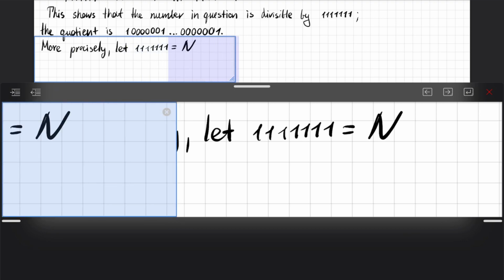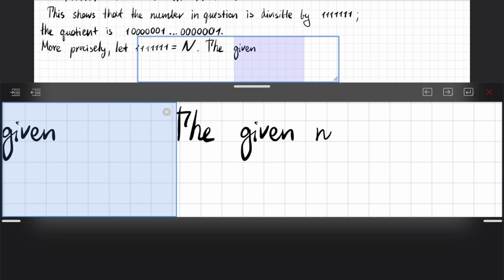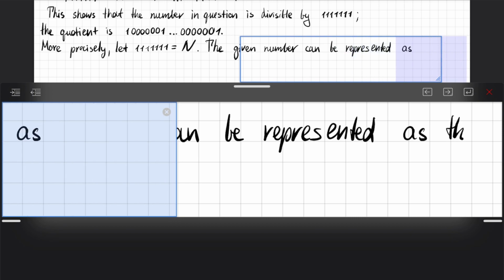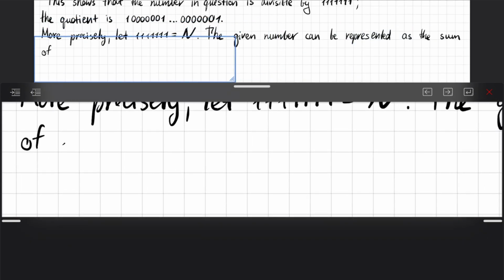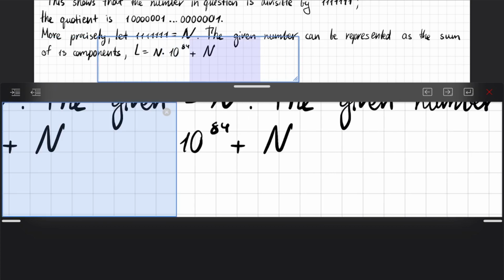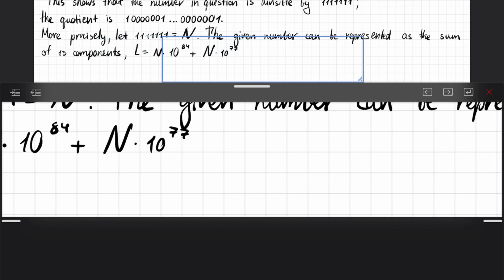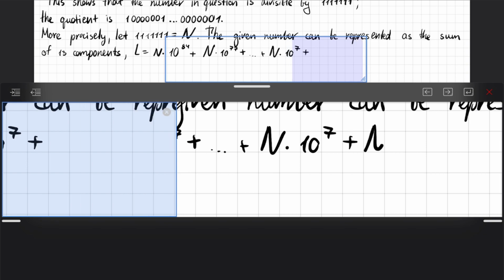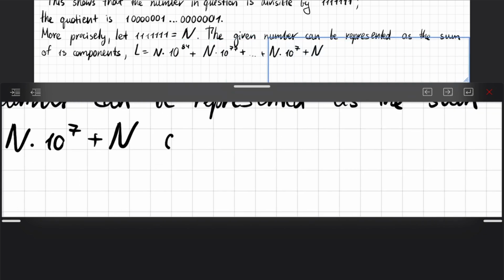1,111,111 equal n. The given number can be represented as the sum of the components. So, let it be L equal n times 10 to the power of 84 plus n times 10 to the power of 77 plus and so on plus n times 10 to the power of 7 and plus n, and this L corresponds to the groups of digits.